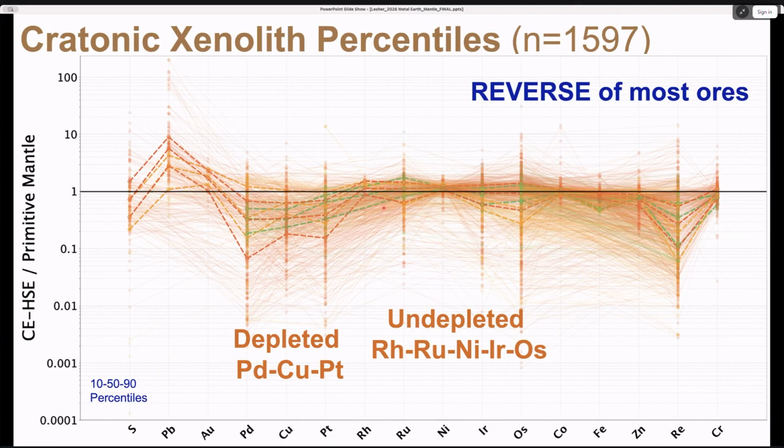You can see that, again, in some cases we've got some lines coming across here because there's missing data. But this is generally pretty flat, with some distinctive characteristics here. Again, it has been known that these are, on balance, depleted in palladium, copper, and platinum, and undepleted in all these other things.